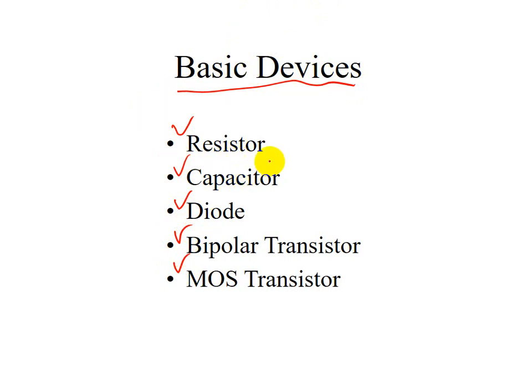These are all the basic devices that can be included in a circuit design. And in this chapter, we'll discuss in detail how to build a resistor or a capacitor on top of a silicon wafer.